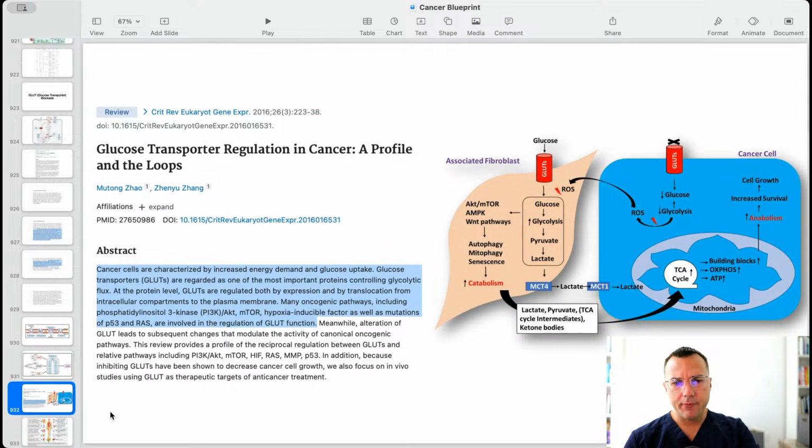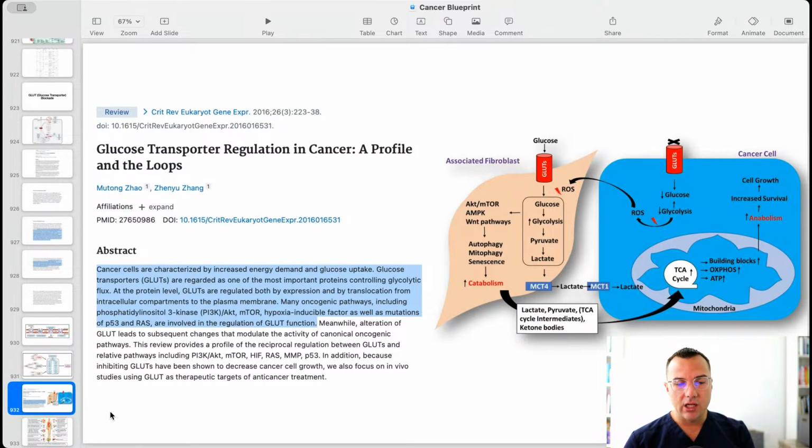The next paper we're going to look at was published a couple of years later in 2016, and it's titled Glucose Transporter Regulation in Cancer: Profile and the Loops. It says cancer cells are characterized by increased energy demand and glucose uptake. Glucose transporters, GLUTs, are regarded as one of the most important proteins controlling glycolytic flux.